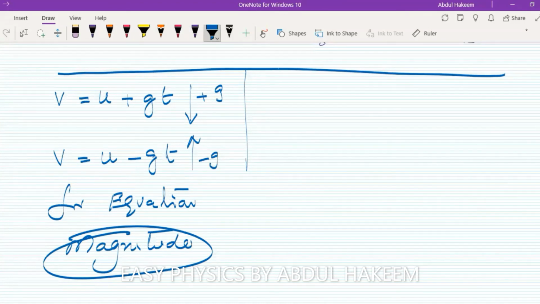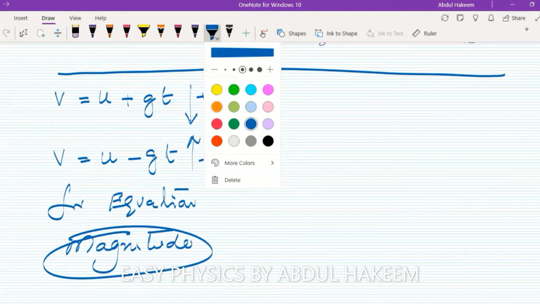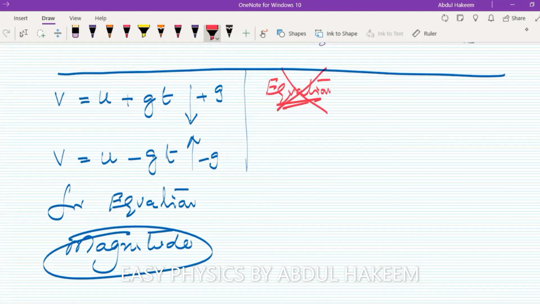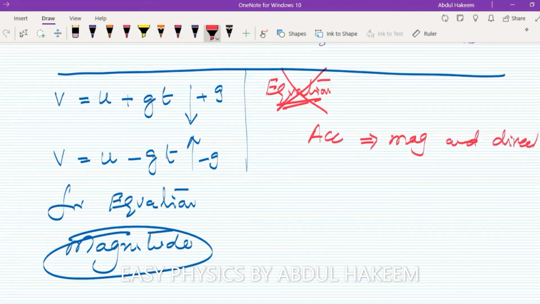But very, very important, if we are not using the equation, if we are discussing other than the equation, then do remember acceleration is a vector. It has magnitude as well as direction. So we have to consider both.